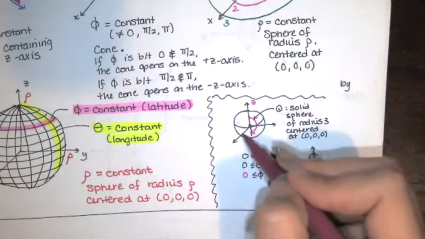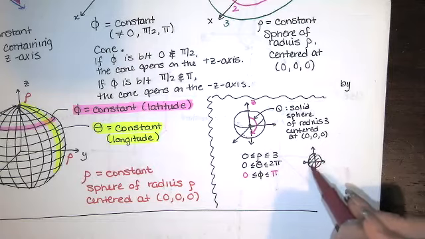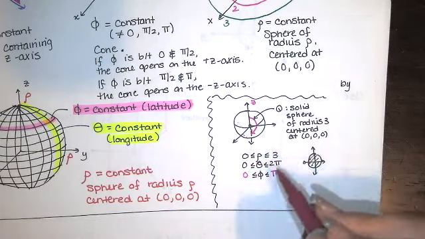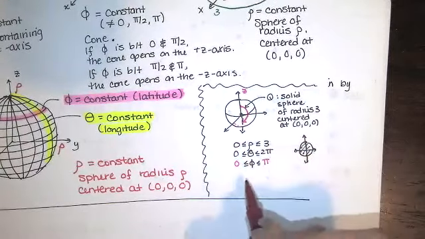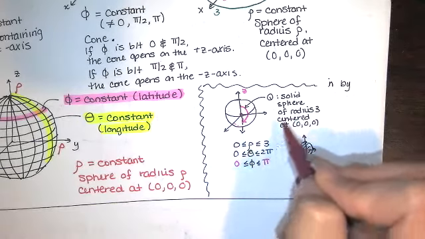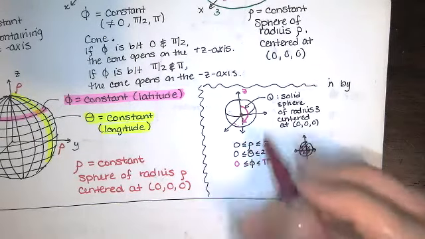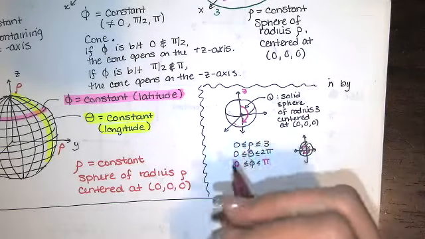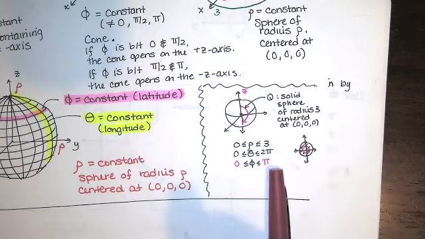In order to get the other half of the sphere, our theta value is going all the way around the xy plane. So phi is an angle that sweeps down from the positive z-axis. Theta is an angle that sweeps around the xy plane. And rho is giving us spheres centered at the origin of radius rho.